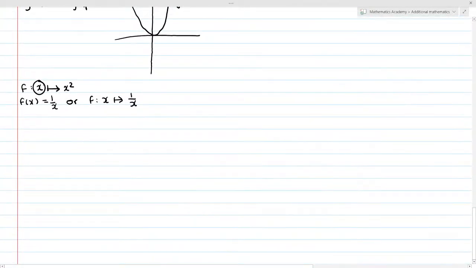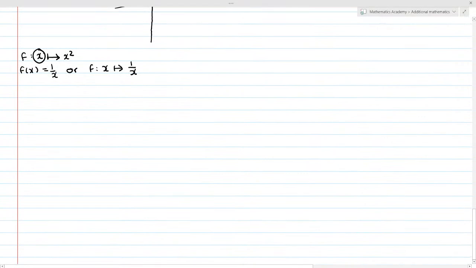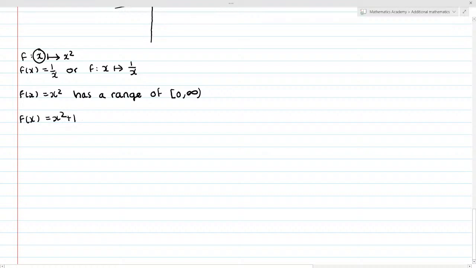Now let's think about how we can find the range for different types of functions. I already introduced the function f of x equals x squared and said that it has a range of 0 to infinity. Let's look at other quadratic functions, like f of x equals x squared plus 1. If we plot some points, when x is equal to 0, f of x, or y, is equal to 1, and when x is equal to 1, y is equal to 2.